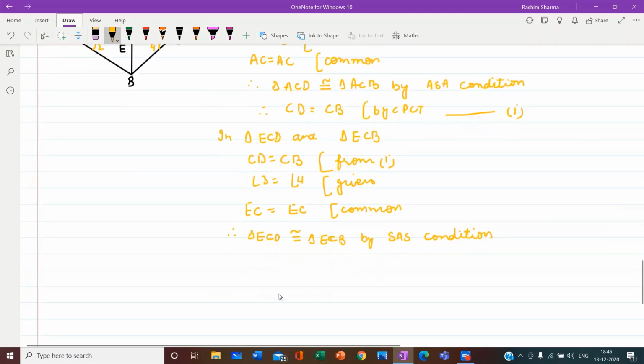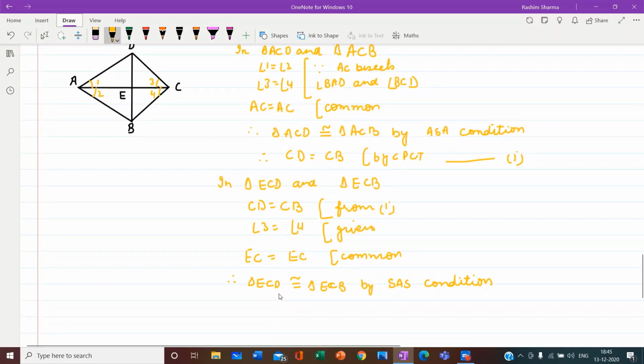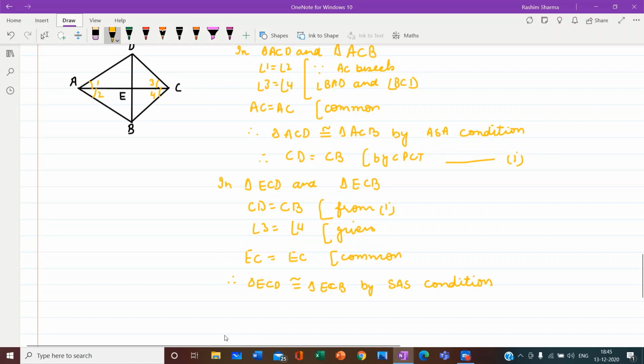Okay. So it means here we can equate the corresponding parts. So we can see, therefore side ED is equal to EB, as well as angle DEC is equal to angle BEC. These are by CPCT.